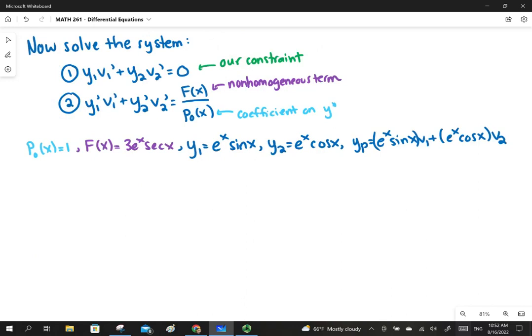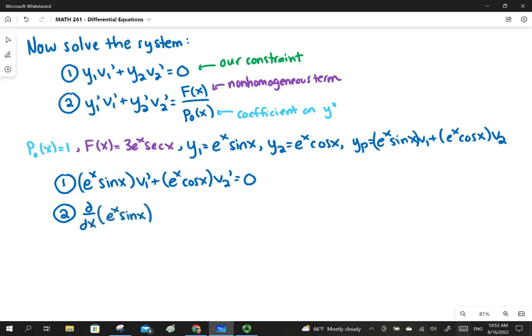Plugging in our y1, y2, f of x, and p naught of x, we see that the system we need to solve is e to the x sine x v1 prime plus e to the x cosine x v2 prime equals 0, and the derivative of e to the x sine x v1 prime plus the derivative of e to the x cosine x v2 prime equals 3e to the x secant x over 1.